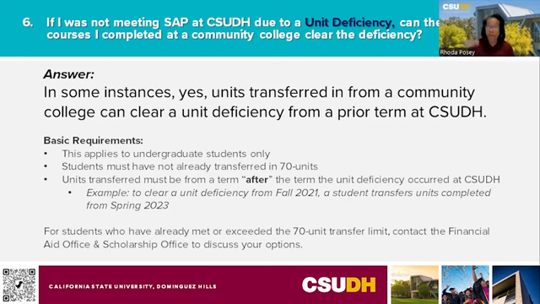That's fine, because the units were completed after the student actually had their deficiency with our office. Yes, that can clear the unit deficiency. Just let us know, we'll check it out and clear your record. Now, for students who have already met or exceeded that 70 unit transfer limit, I don't want you to be discouraged. Just contact us, let us look at your record, and then discuss your options.